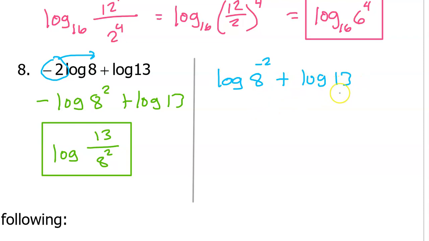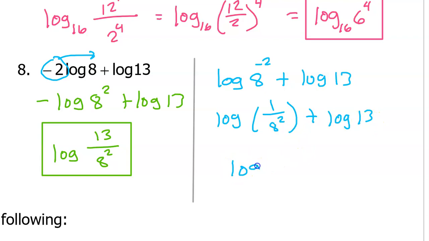So we don't automatically drop anything down to the denominator, except for the fact that, like Nathan said, if you have 8 to the -2 power, that's the same thing as 1 over 8 squared, all right? That's just what a negative exponent means. But now, because both of these terms are positive, we wind up just multiplying 1 over 8 squared times 13.